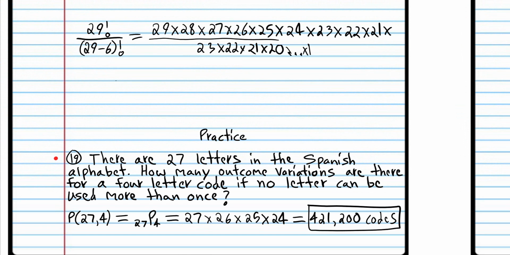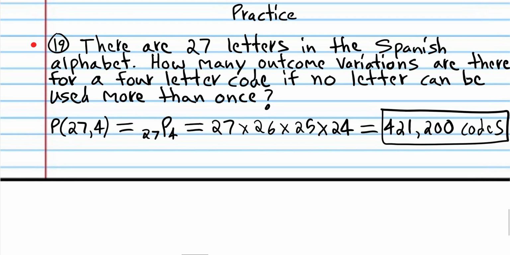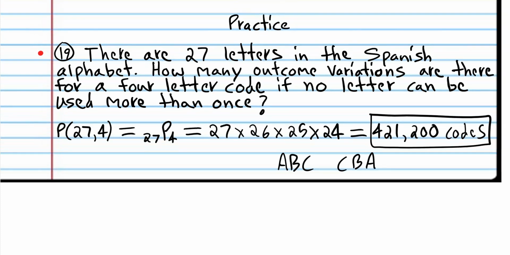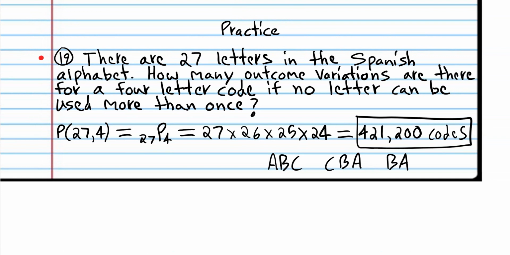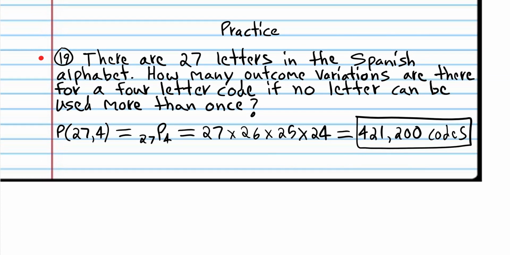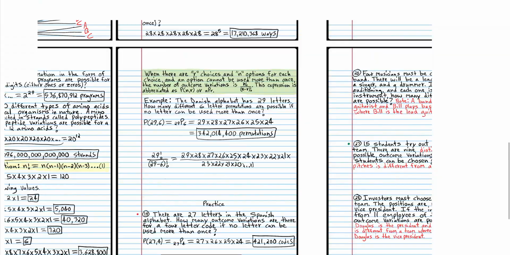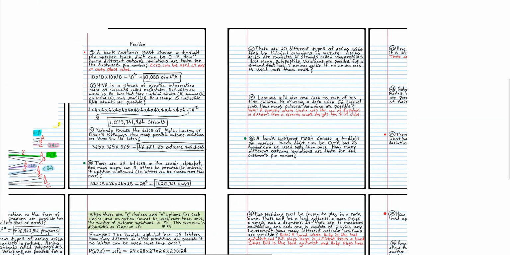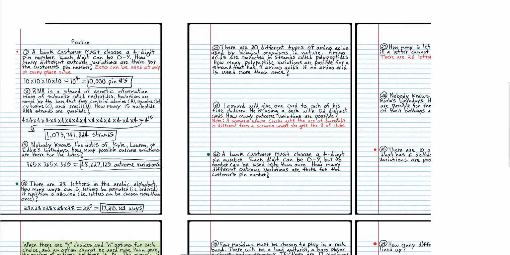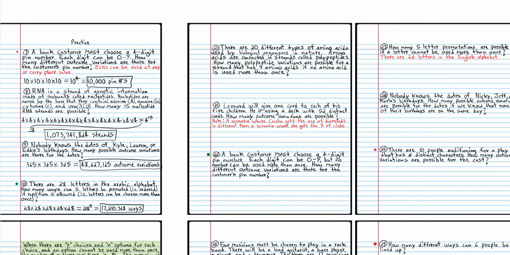Now, it's important to understand that you are counting permutations. So if you choose ABC, that's okay. You can also choose CBA or BAC. So the permutations are counted. It's just that there's no repetition allowed. So again, I know that this is very confusing to have to keep track of all these, but the good news is today in class we're only covering 4 scenarios.